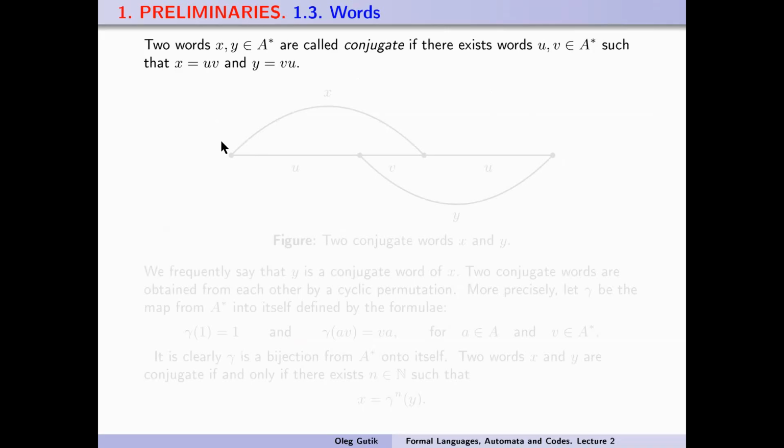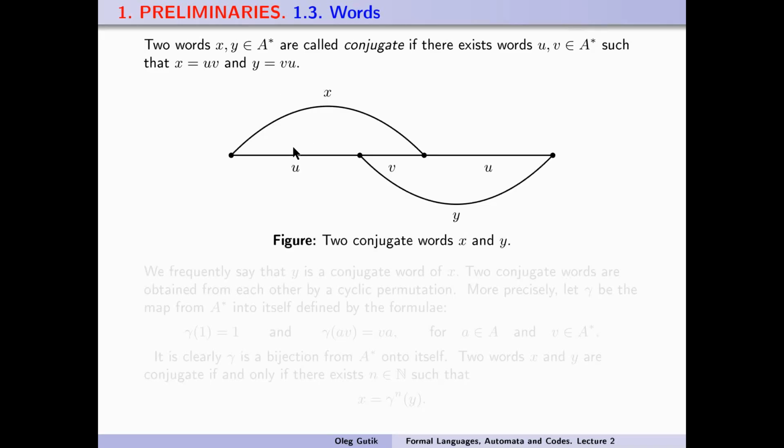If we have two words x and y from the free monoid A star, we shall call these two words conjugate if there exist words u and v from A star such that x is equal to uv and y is equal to vu.